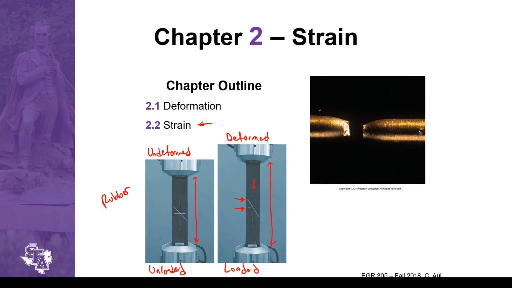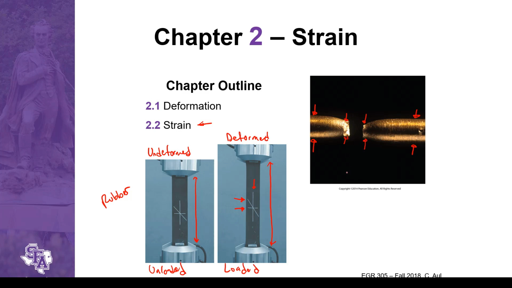This other picture here to the right is not one in this part of the text, but we're going to see it a little bit later, in the next section. And this shows that deformation, or this strain, can change throughout the body, right? In this particular case, this is ductile failure, failure of a ductile material, where you can see the original diameter back here is larger than the diameter seen right before this material was breaking, right?